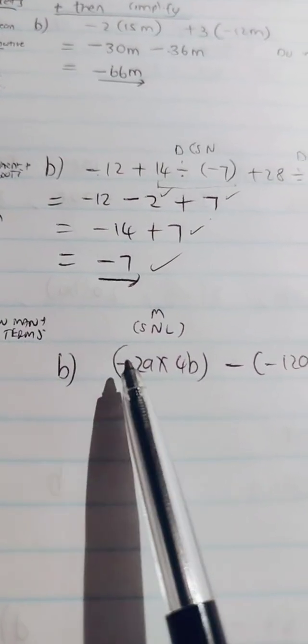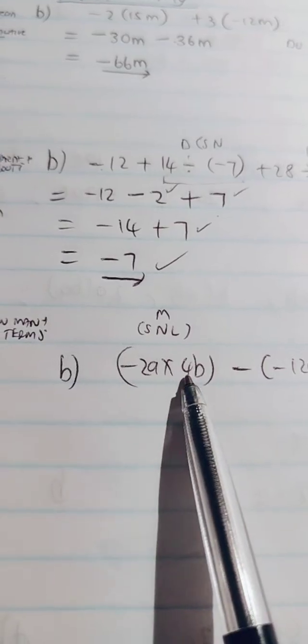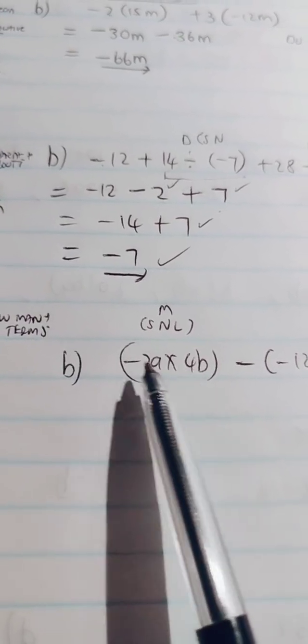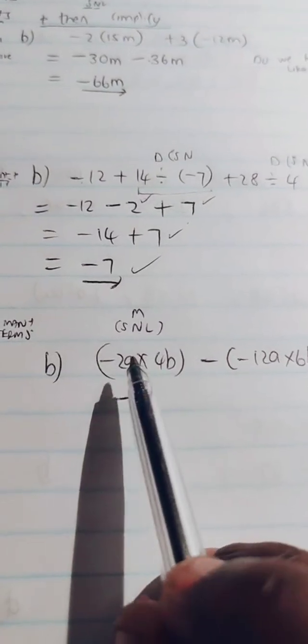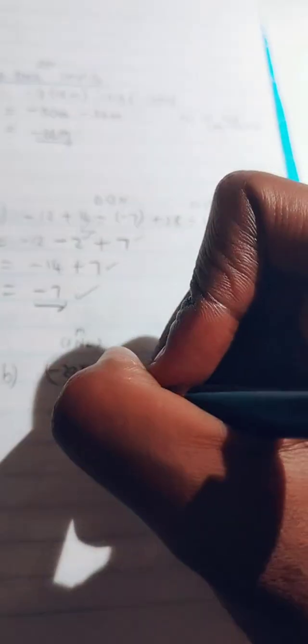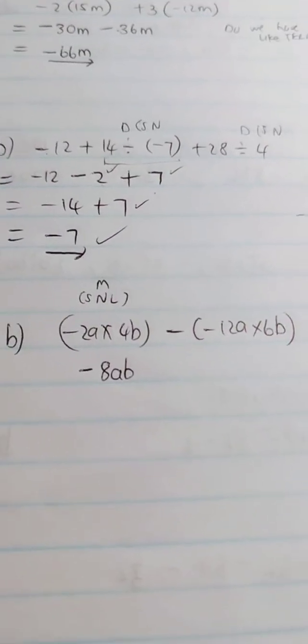So let's go. What's a negative 2 times a positive 4? The sign, definitely going to be negative. 2 times 4, the number, 8. And then the letter, A times B. That is AB combined.